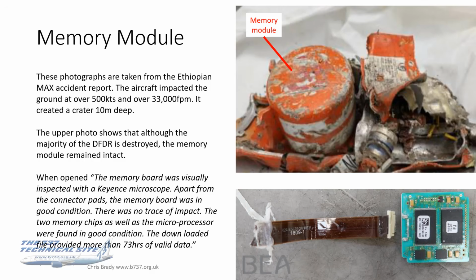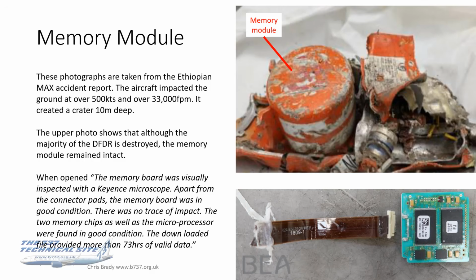The Ethiopian MAX hit the ground at over 500 knots, over 33,000 feet per minute, and created a crater 10 meters deep, which is an image that I'm sure we can all remember seeing in the media and in the subsequent accident report.